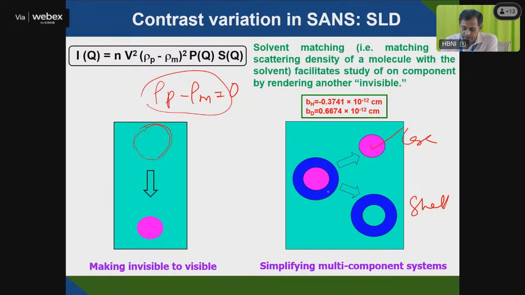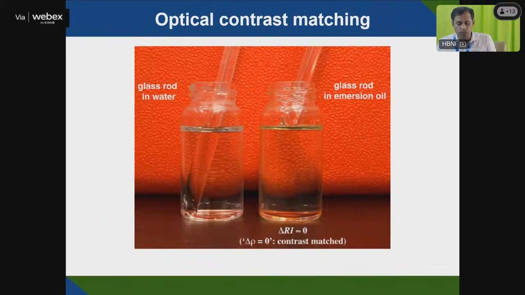If your cell contrast is equivalent to the solvent contrast, then we will not be able to see the cell here, only the core. The other way, you will see the cell. By varying the contrast, you can see the multi-component structures.